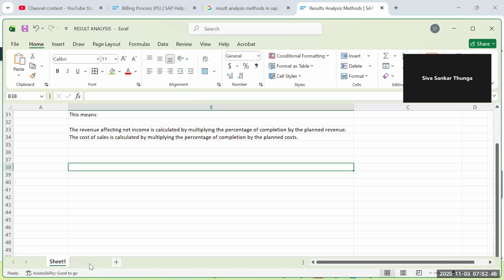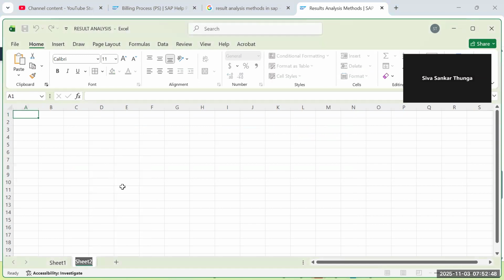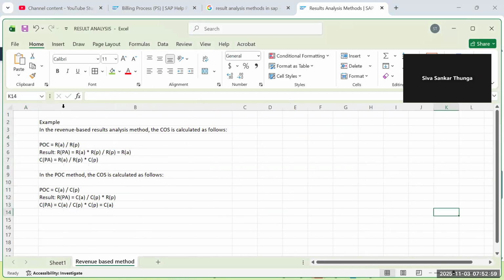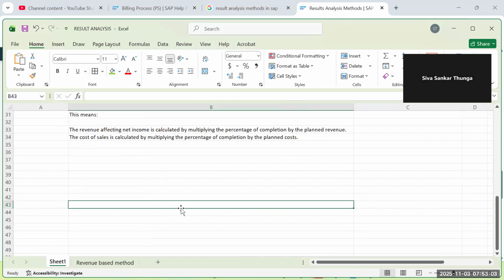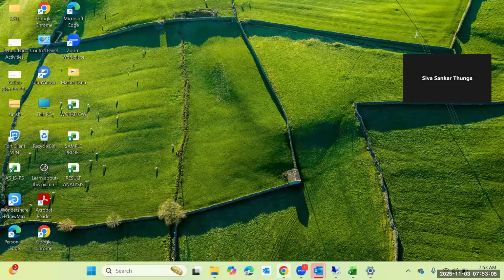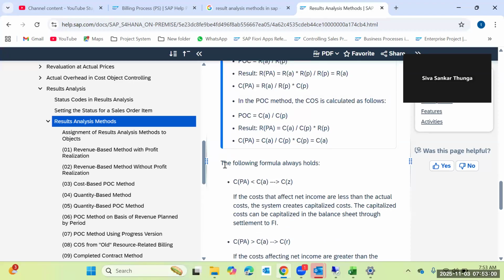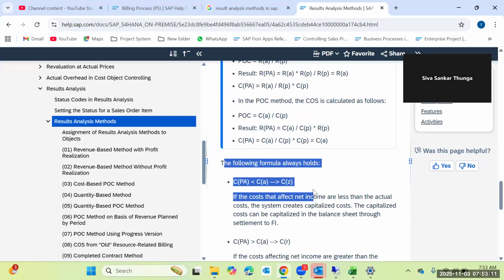Let me keep it here somewhere. If time permits, we will see both the methods. The formula always holds good.